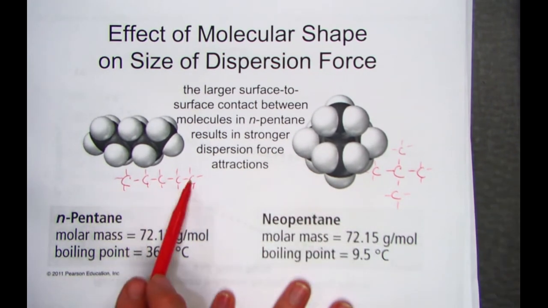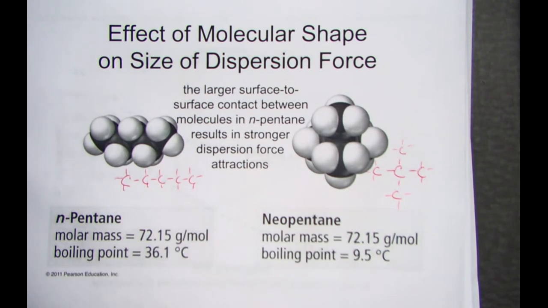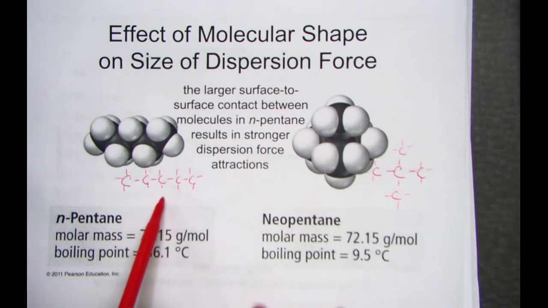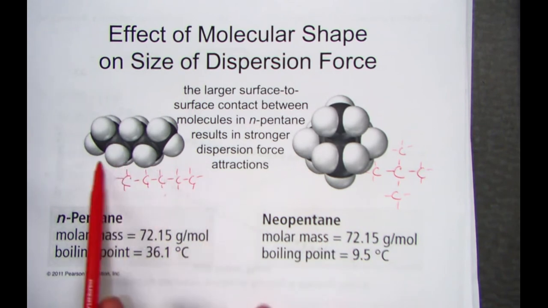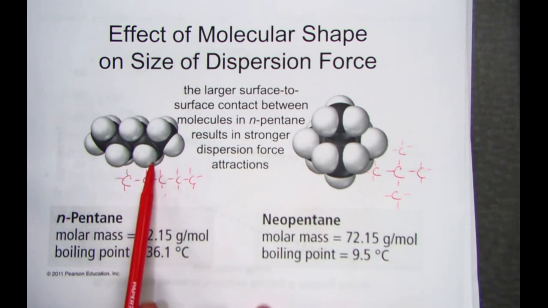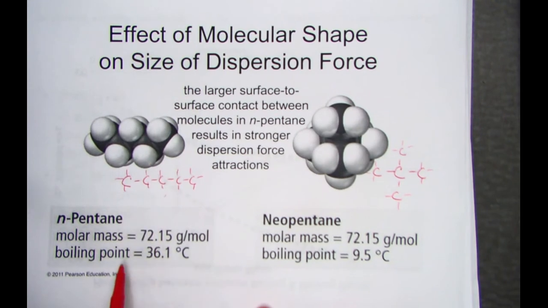The longer the chain, the more opportunity to create surface area contact, and therefore more London dispersion force and a higher boiling point. Same molar mass, different arrangement. The one that has more surface area creates more intermolecular attraction and will have a higher boiling point.